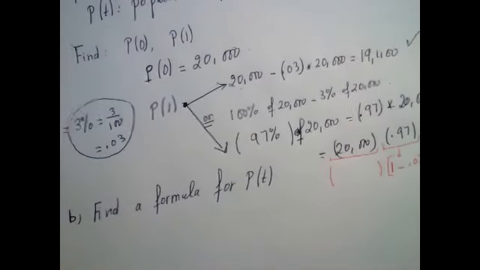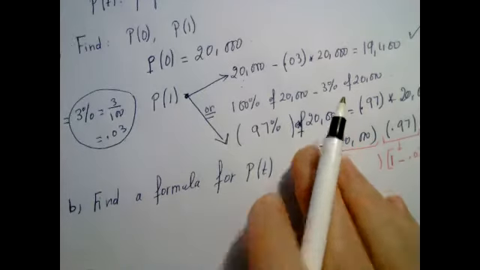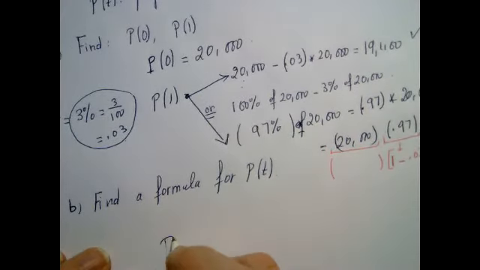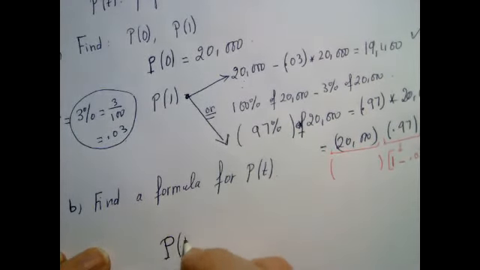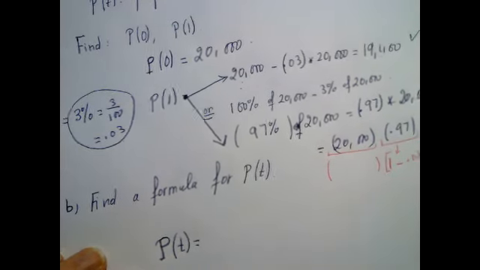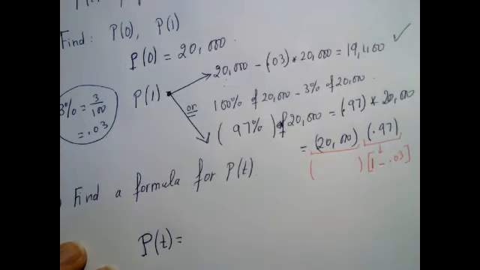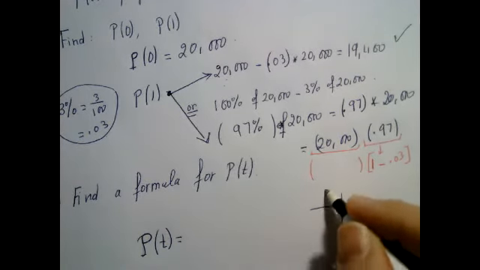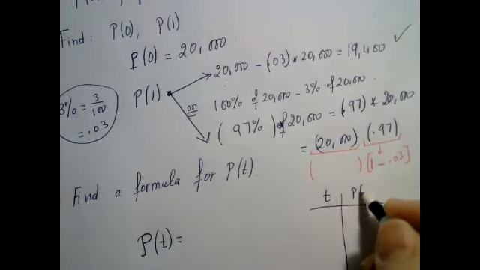Now, who can build the formula for P of T? In general, what's going to be the population after T years? Can we have a formula for that? So what's the picture here? This is T, and this is the population.